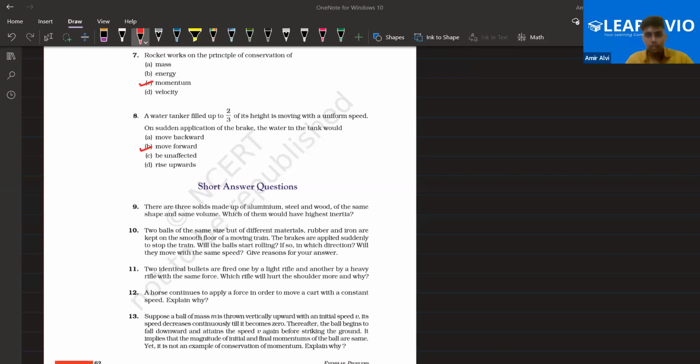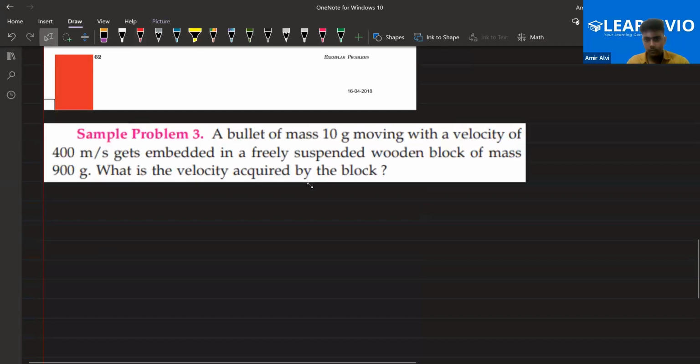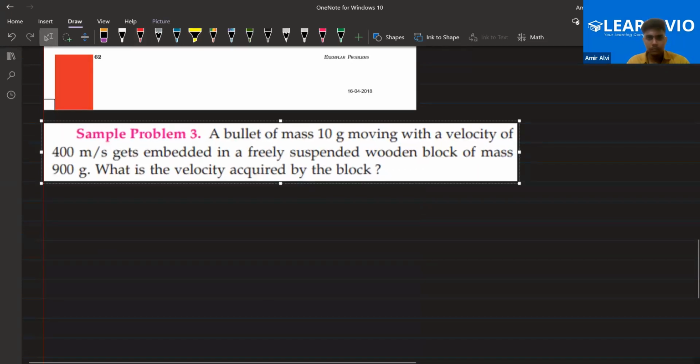Okay, I'm giving you a question. Everyone, please try this question and let me know the answer. I'm pasting the diagram as well.